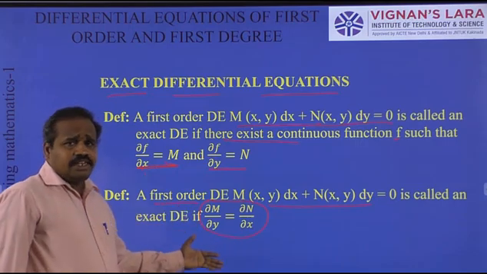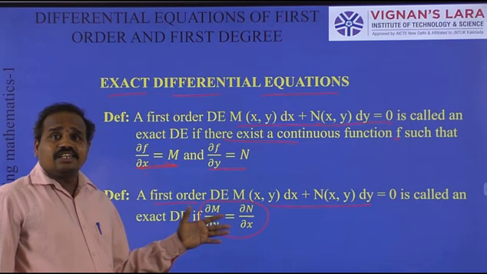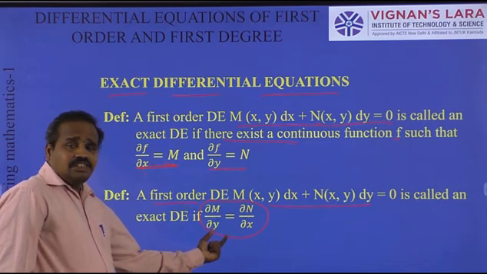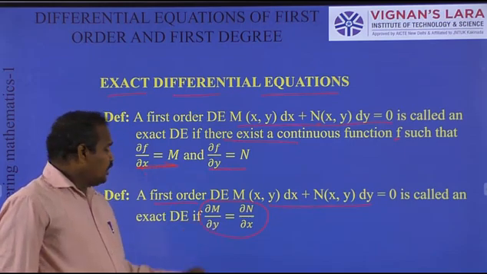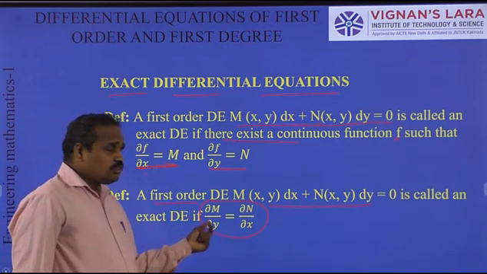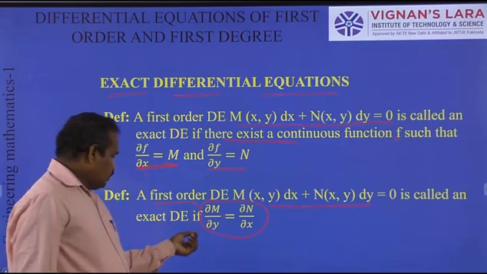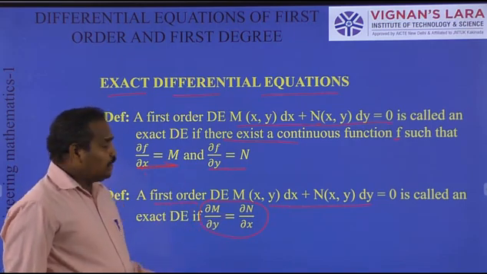In each and every case, we check whether the given equation is exact using only this condition, so it is very important in our chapter. Here dou means partial derivatives, as opposed to ordinary derivatives.